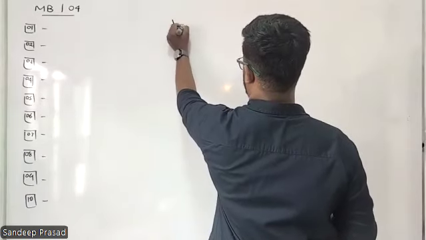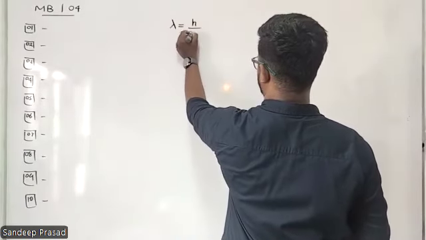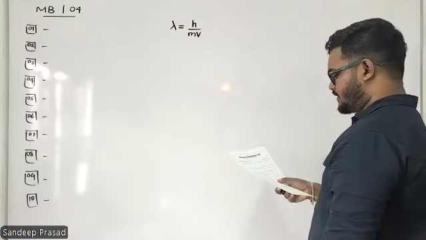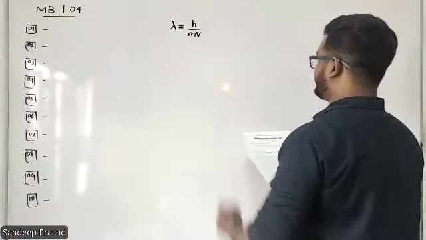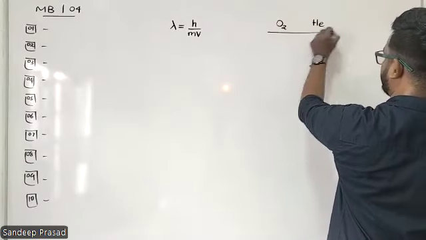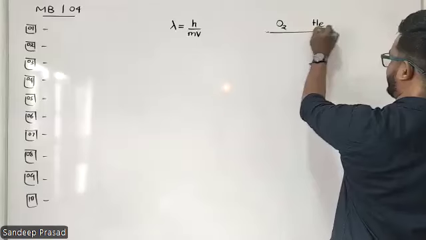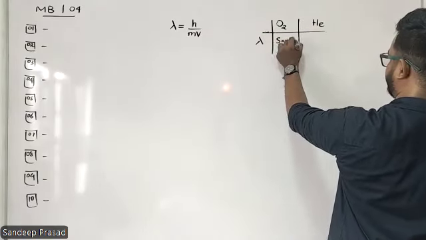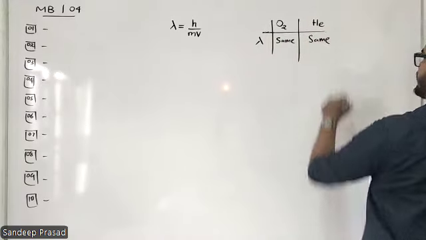Students, we know that de Broglie's equation is lambda equal h over mv, right? This is the equation. So they have given for the oxygen and helium. So when we consider the wavelength lambda, that is the same. Lambda is same for oxygen and helium, same value.